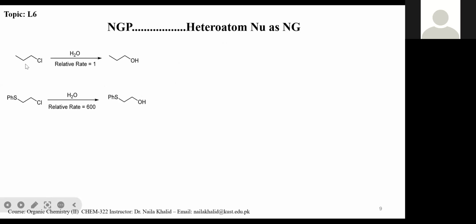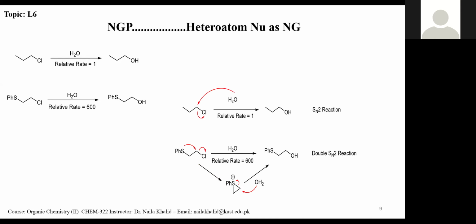Here there is no neighboring group, so the reaction rate is very, very slow, and it is 600 times faster. Here you can see the mechanism. Water is attacking as a nucleophile. This is substituting. This is simple SN2, and you will get the SN2 nucleophilic substituted product.